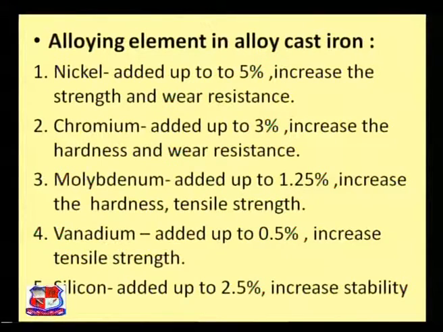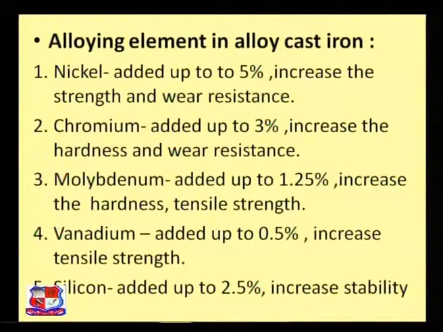There is vanadium also. We can add vanadium up to 0.5%, and that will increase the tensile strength of the material. Also silicon is there. We can add it up to 2.5%, and that will increase stability.